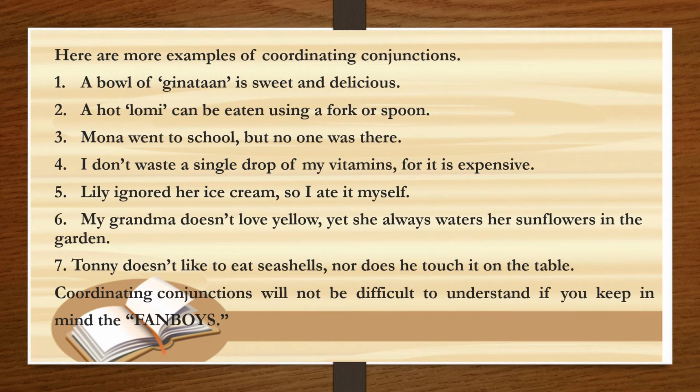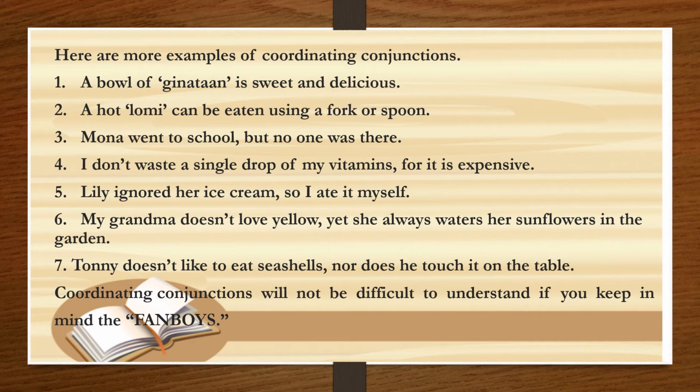Here are more examples of coordinating conjunctions. Read along with me silently and try to get familiar with the structure of the sentences. Number 1, a bowl of ginataan is sweet and delicious. Number 2, a hot lomi can be eaten using a fork or spoon. Number 3, Mona went to school but no one was there.